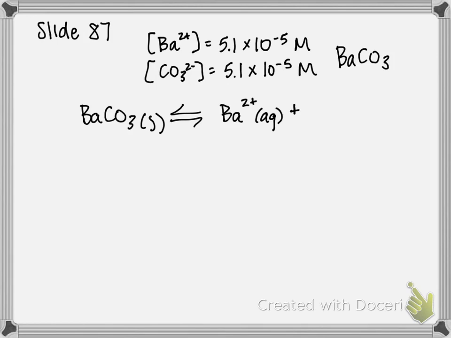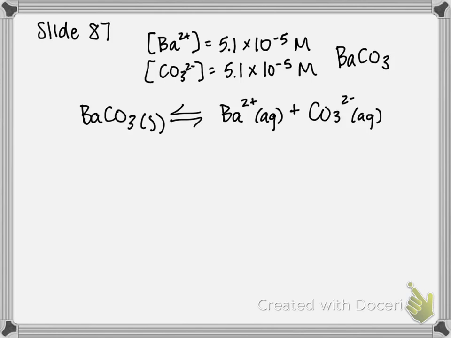Now carbonate is one of your polyatomic ions, so you might need to go back and consult your polyatomic ion table if you don't remember that. And so it's CO3 2 minus, and it's also aqueous. So when barium carbonate is dissolved in water, it breaks up into Ba2 plus and CO3 2 minus.